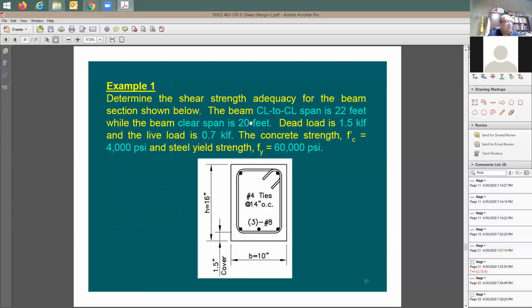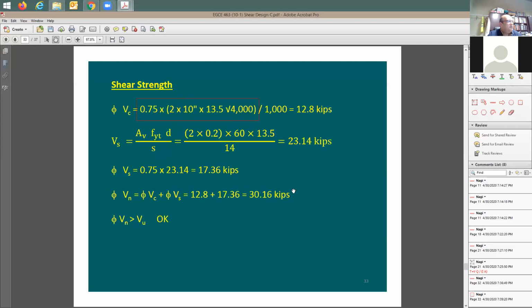What is given in the problem is number 4 at 14 inch ties. So I take number 4, 2 times 0.2, times 60 for f sub y, times 13.5 inch for the depth, divided by 14 inch for the spacing. With that, I have an additional 23 kips for the resistance of the steel. I cannot use the whole 23.